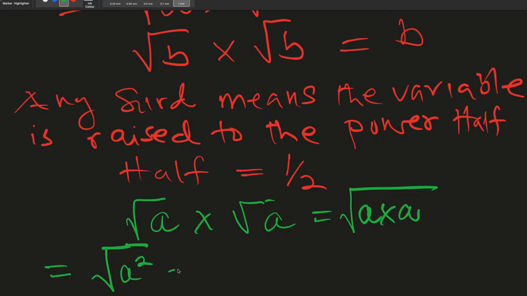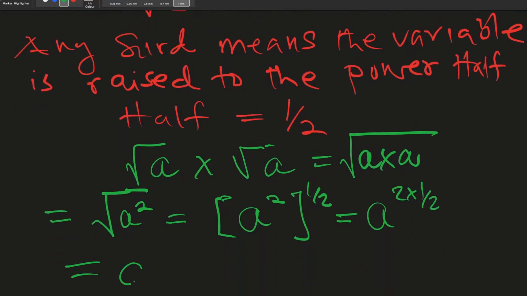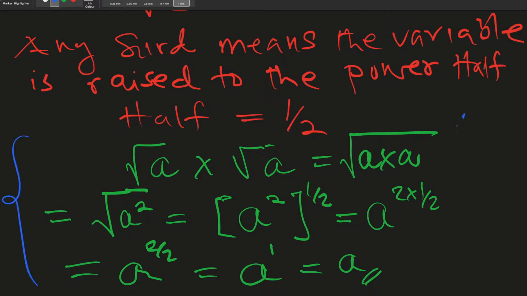So this means A squared all raised to the power half. And when we multiply, this will be A to the power 2 times half. And this will be 2 over 2, meaning A raised to the power 1 is equal to A. This may be beyond your scope, but it's a very simple analogy.